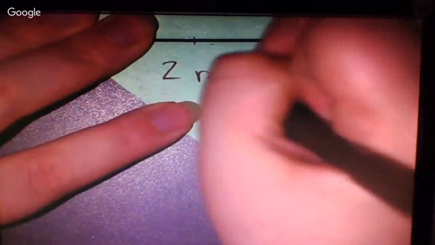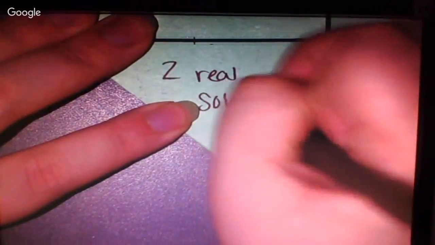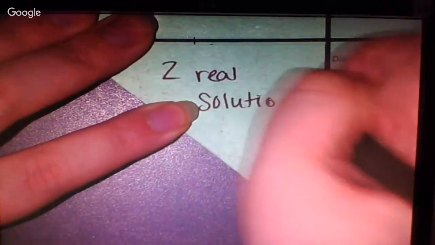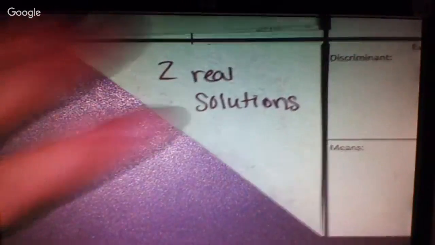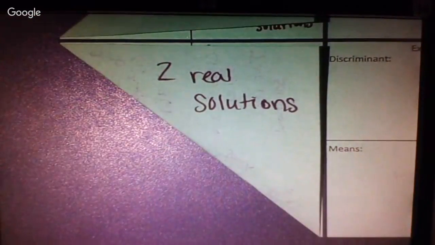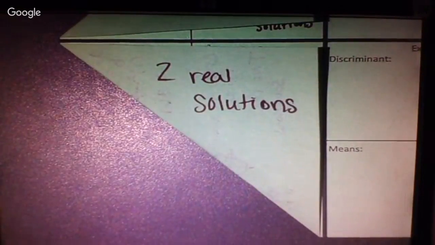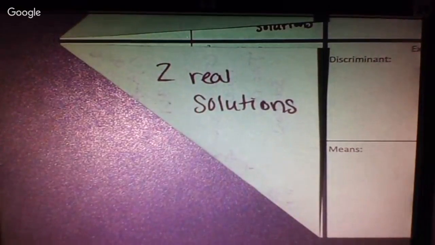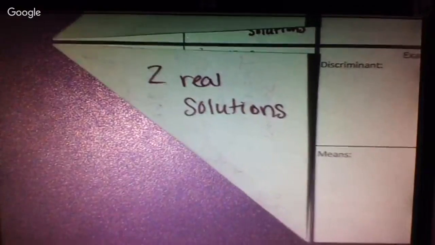And so you know what's underneath this? This is 2 real solutions. Okay. 2 real solutions. Is there equations I gotta do?